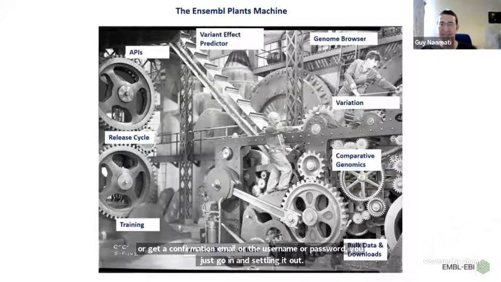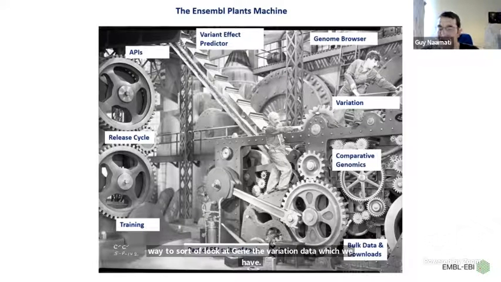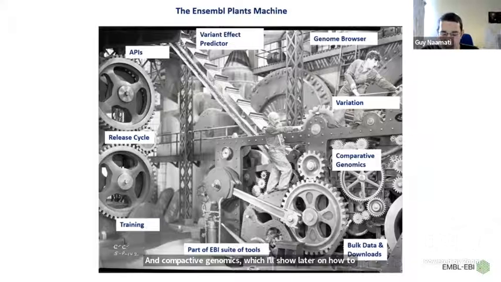And if I try to explain what Ensembl Plants is, a nice metaphor is like this big machine with all these cogs and wheels going around, and some of the things I'm going to talk about today, and there's many others, is the genome browser, which is a way to look at genomes, the variation data which we have, comparative genomics, which I'll show later on, how to get data in bulk.